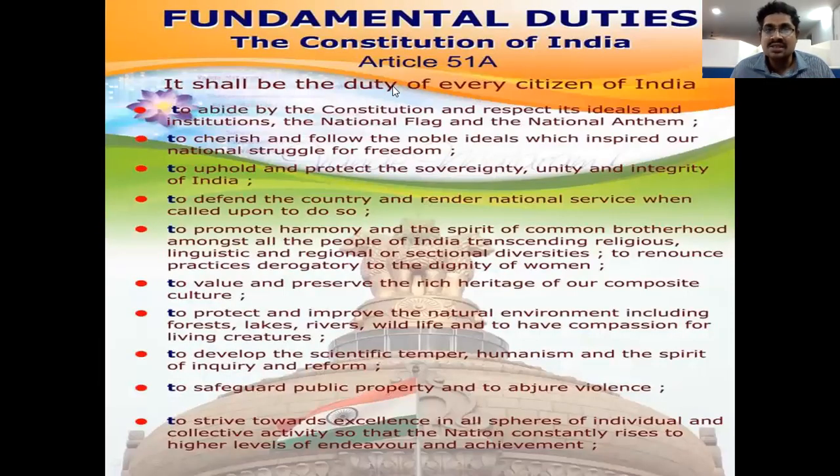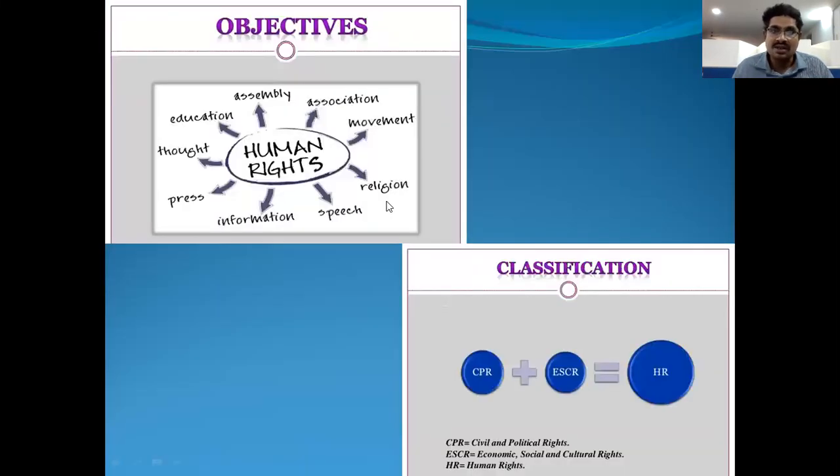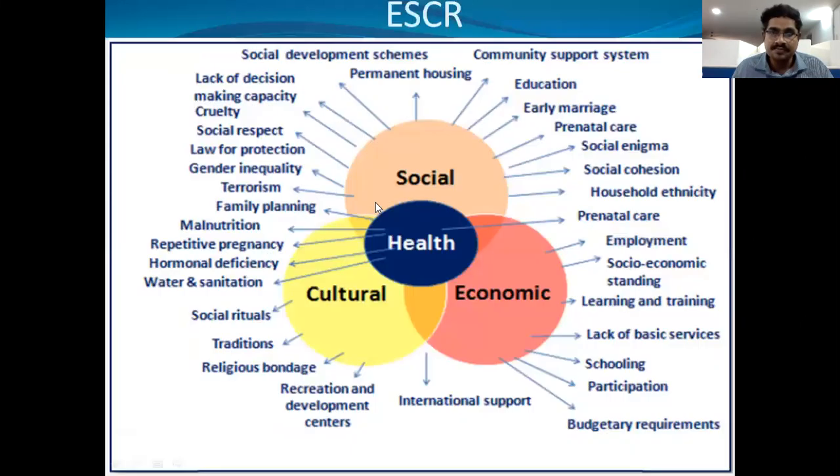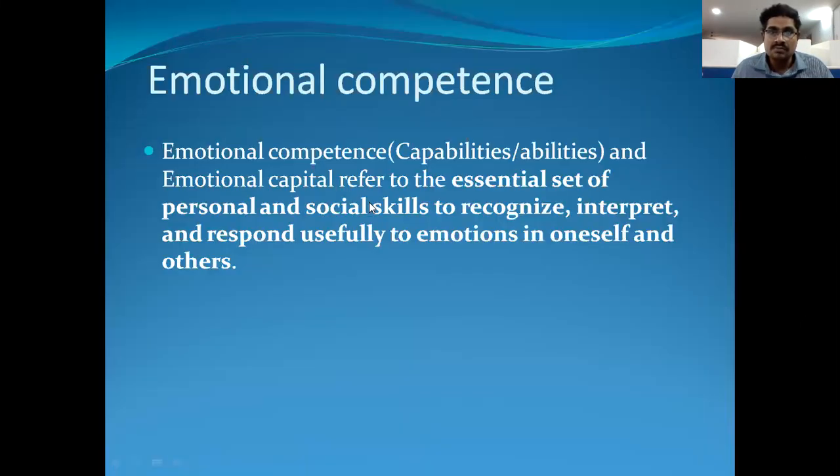Already we discussed fundamental duties as per Article 51A, and we completed human rights. In the previous class we discussed emotional competencies, meaning capabilities or abilities to control our emotions.